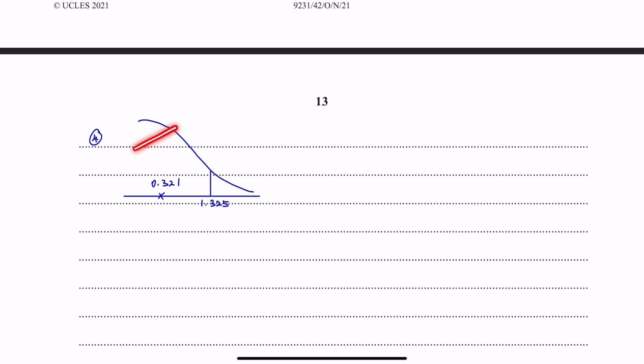And we know that this region is the acceptance region, and this would be the rejection region. And our test statistic falls in the acceptance region, so we would need to accept H0.